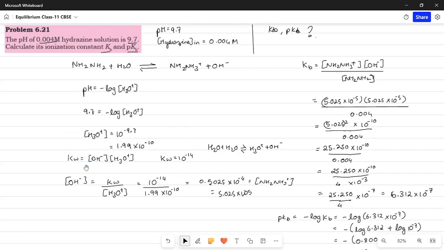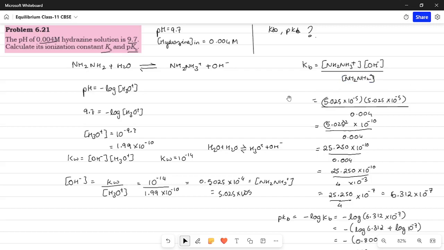Now, the concentration of OH minus will be equal to that of the NH2NH3 plus. So we assume that the concentration of OH minus is equal to that of the hydrazine ion itself. Then, using the formula for Kb, we were able to calculate the value of Kb.